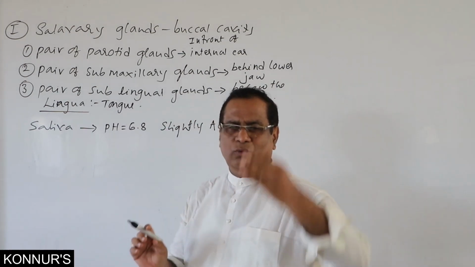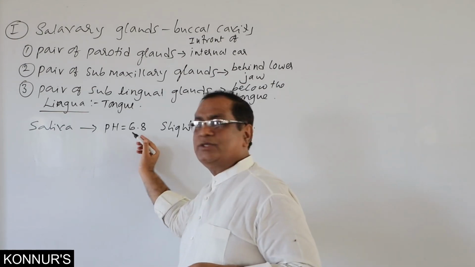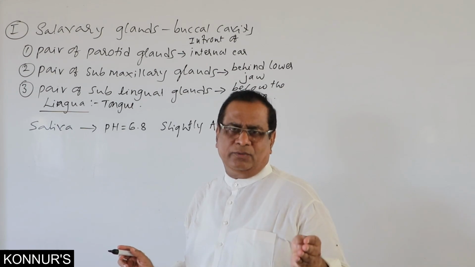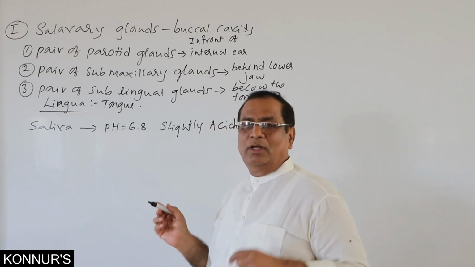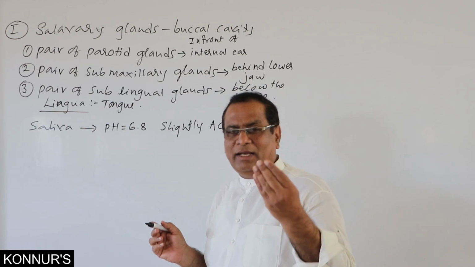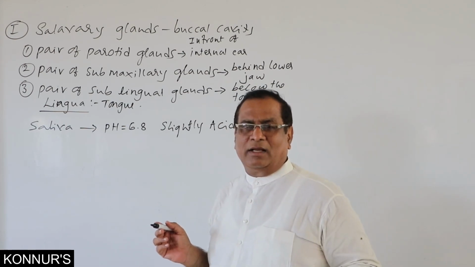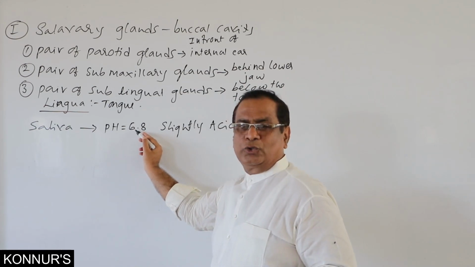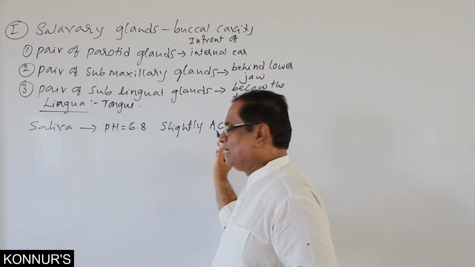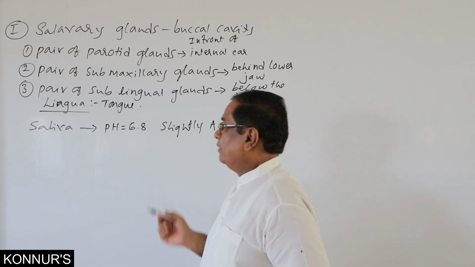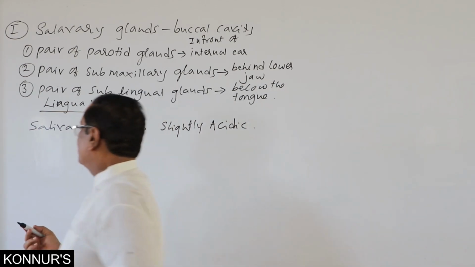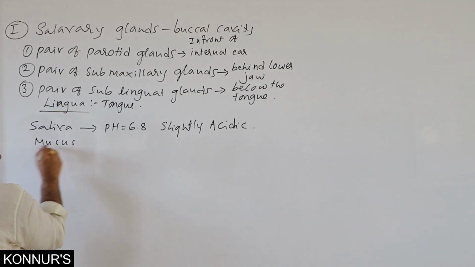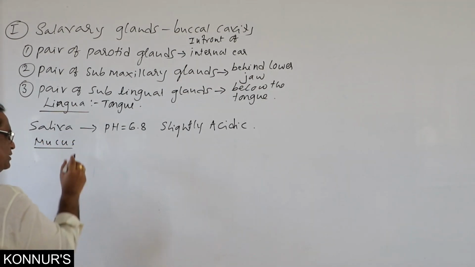They may give different values. You should remember this. Sometimes they don't give the values. They would give slightly acidic, highly acidic, slightly alkaline, highly alkaline, like that. As it is close to 7, it is slightly acidic. And even they may ask what the composition of this is. Mucus is also present in it.